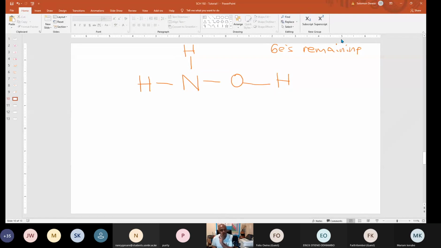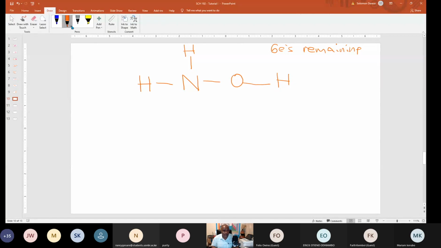So now when you do that, it is easier to fulfill first the octet of the elements on the outside. As you can see here, nitrogen is at the center. Oxygen is on the outside. Of course, the hydrogen is the most outside, but relatively the oxygen is on the outside. So now we fulfill the octet of this oxygen first, since it is on the outside.